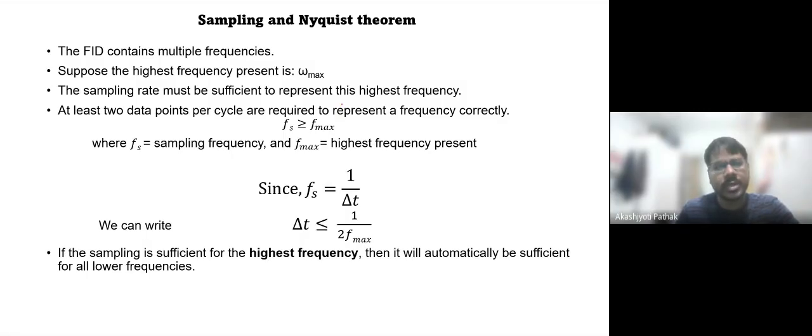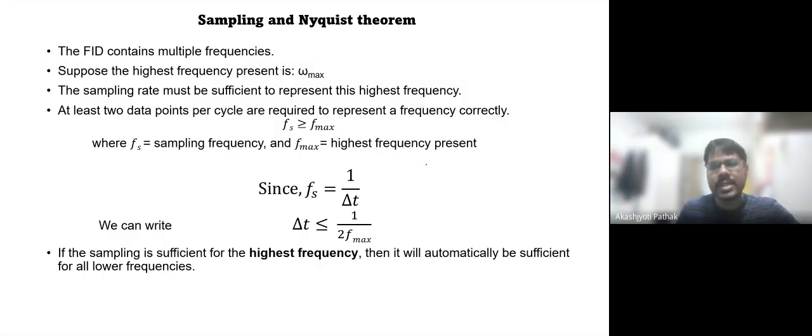If the sampling rate can capture that highest frequency, then all the other frequencies can be captured, isn't it? So at least two data points per cycle are required to represent a frequency correctly. So your sampling frequency fs must be greater than or equal to fmax, where fs is the sampling frequency and fmax is the highest frequency present.